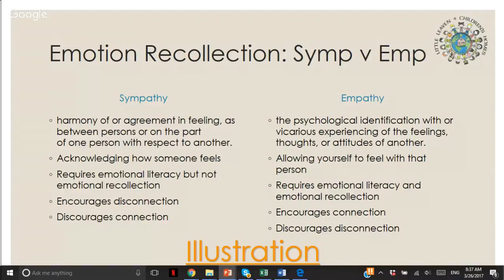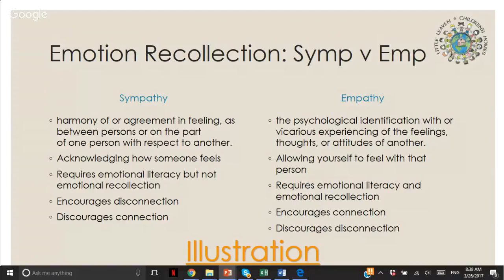So because of that, sympathy requires you to have emotional literacy, but it does not require you to have emotional recollection. Okay, you don't have to recall your emotions of the past in order to sympathize, but you do need to recall your emotions of the past in order to empathize.